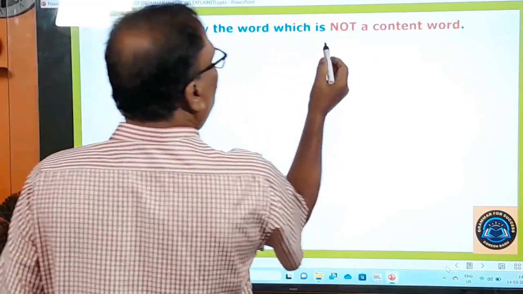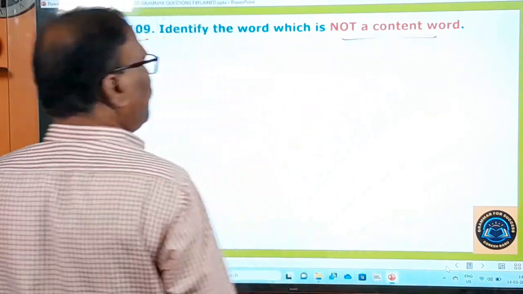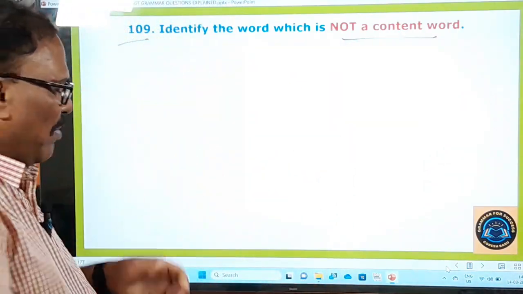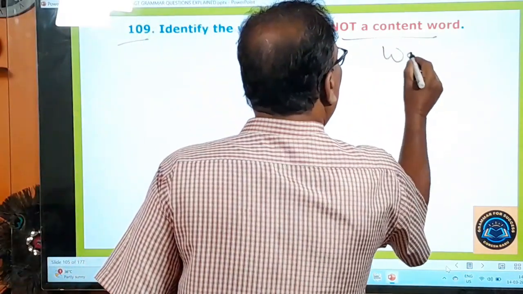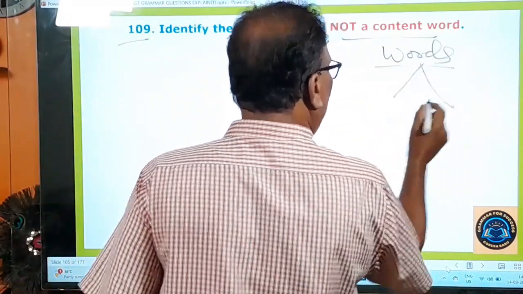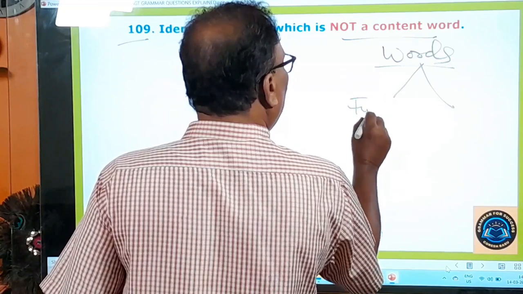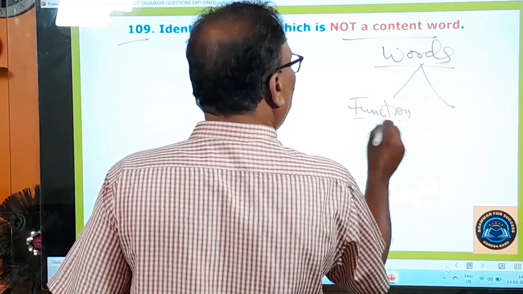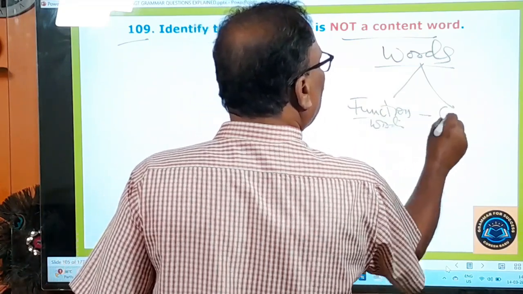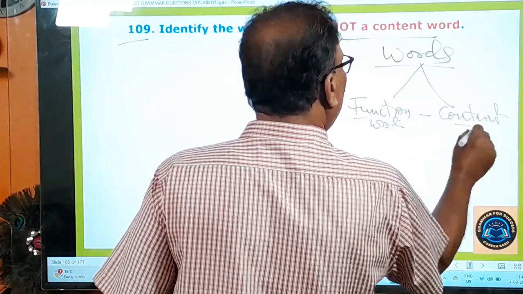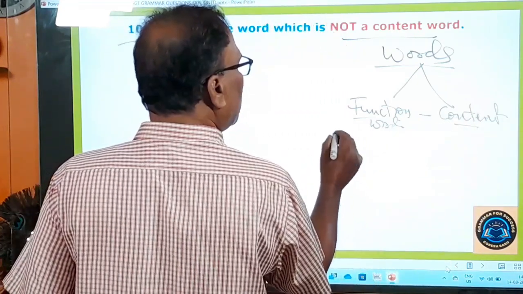109. Identify the word which is not a content word. We have two kinds of words. Words in the English language are of two kinds: function words and content words. What are the function words?